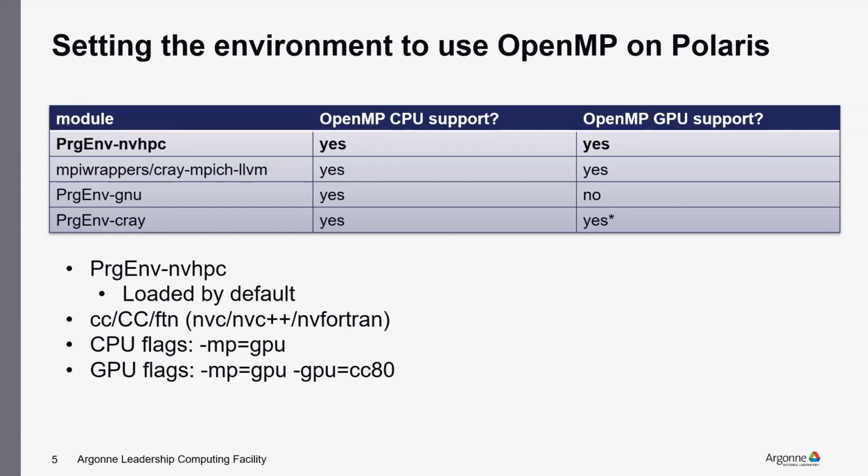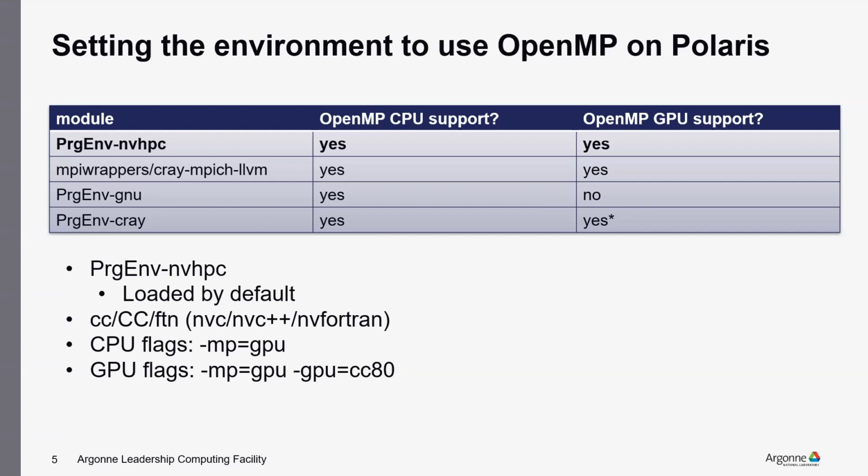For the CPU flag, I have a typo; it should just be -mp. If you don't put gpu, there's fine-grained control, but usually you just need -mp. For the GPU flag, you set -mp=gpu, which means you're turning on OpenMP offload.